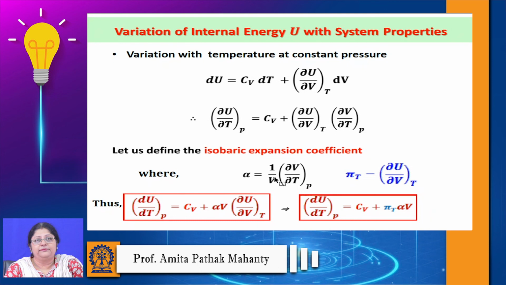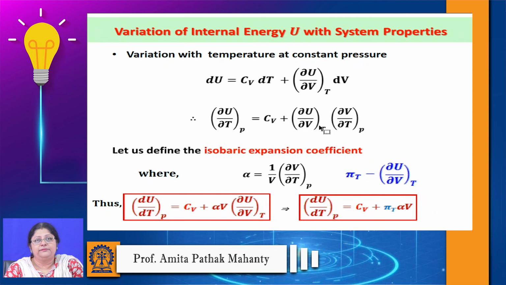So if you can find out that, then you can replace this here. You can replace this here. So you get a new equation of alpha T, delta U by delta V at constant T, plus Cv, equal to this part. And this again is nothing but the kappa pi T, this is the internal pressure.